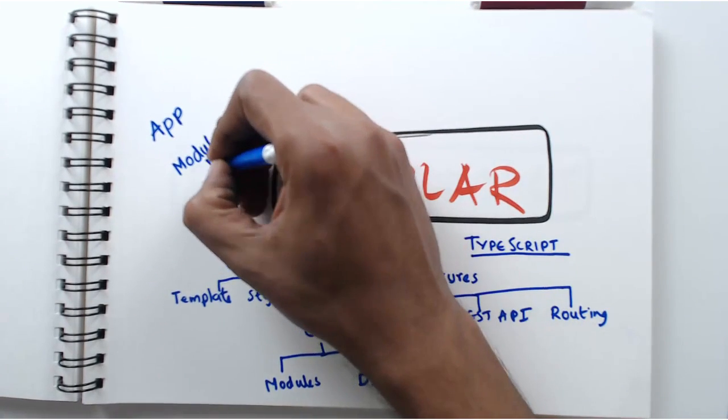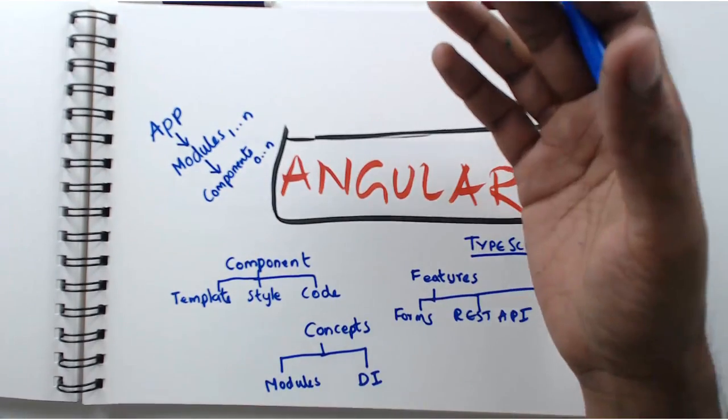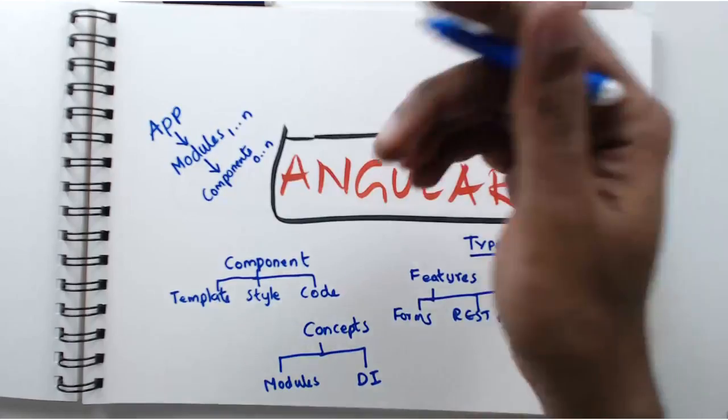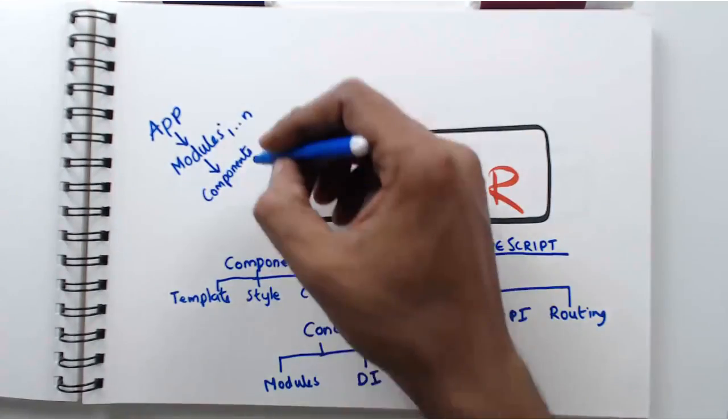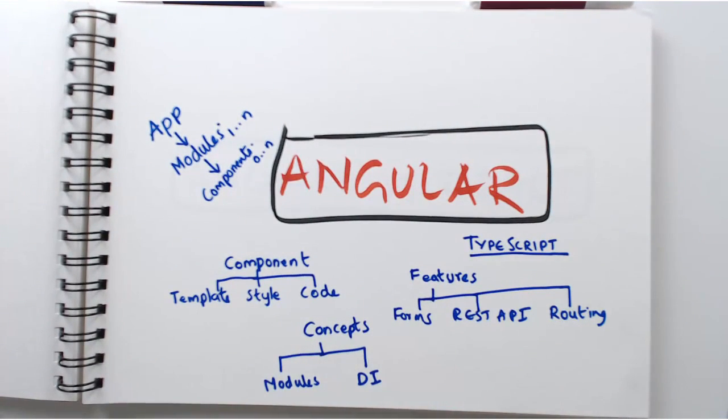So your Angular application is built up of a number of custom modules as well as a number of built-in modules provided by Angular, and these modules contain the components. So when you are learning Angular, these are the very, very important things that you would want to focus on.